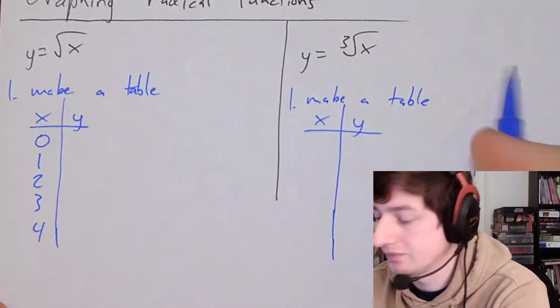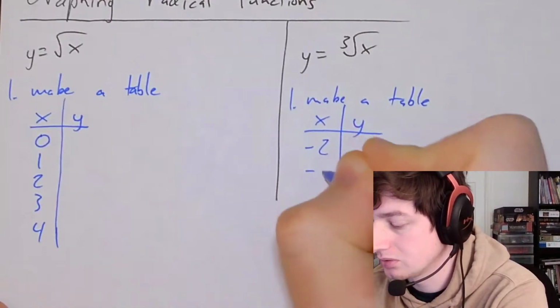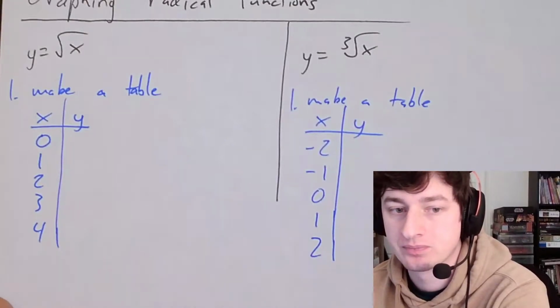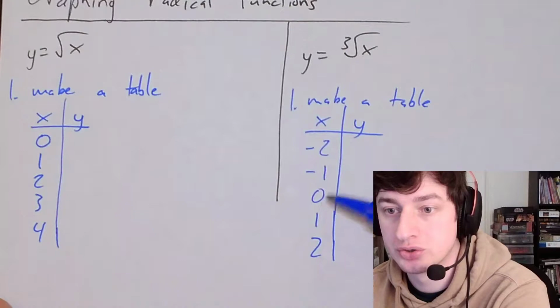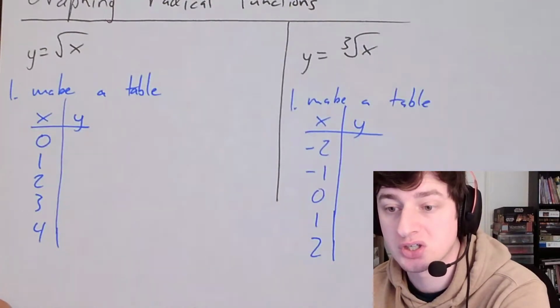So we'll put 0 in the middle and do 5 numbers: -2, -1, 0, 1, and 2. Okay, none of these numbers, except for 0, are going to cube root nicely. They're going to look kind of weird.